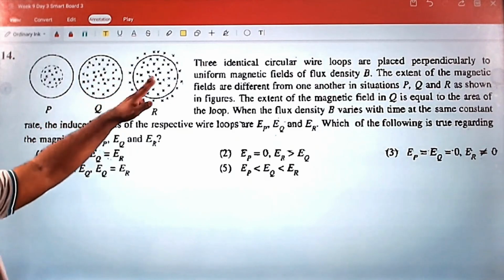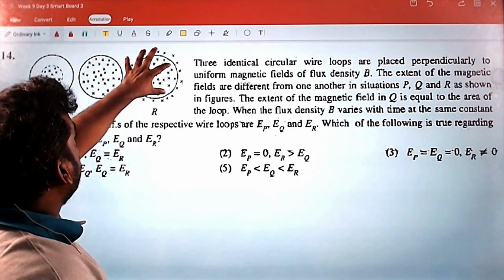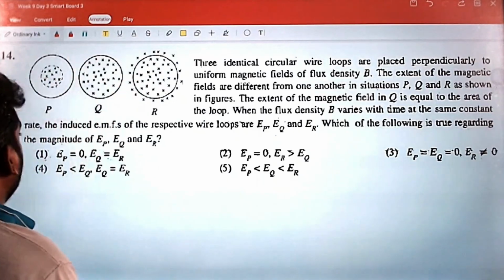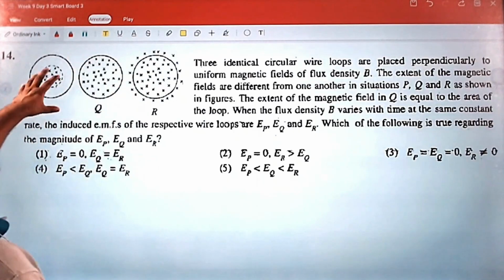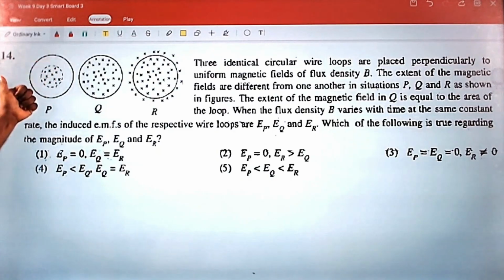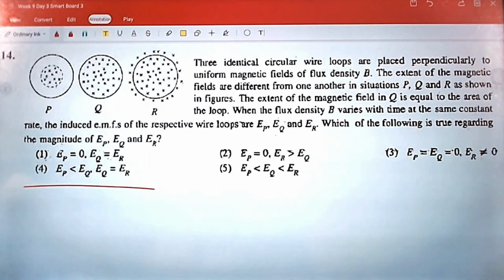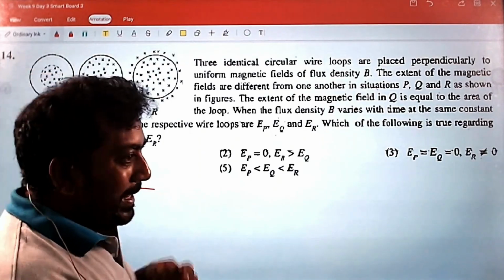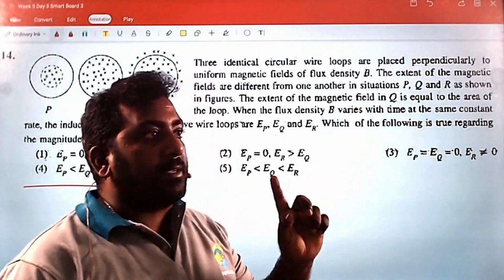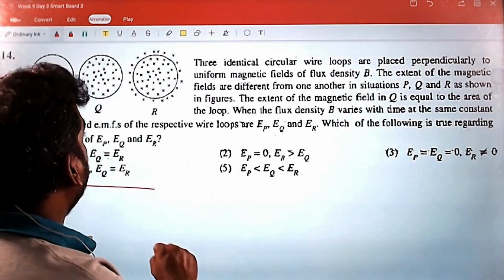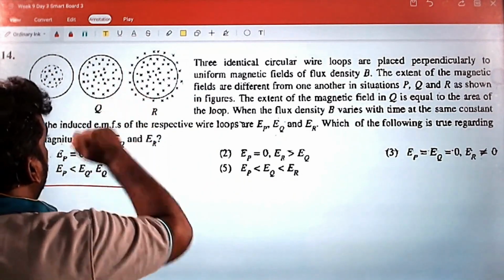Now here and here, the area linking the magnetic field is the same. So EMF will be the same. So Q and R, the EMF is same. Here the area linking the loop is smaller, so EMF is going to be what? Smaller. So I think we can say very easily, answer number 4.